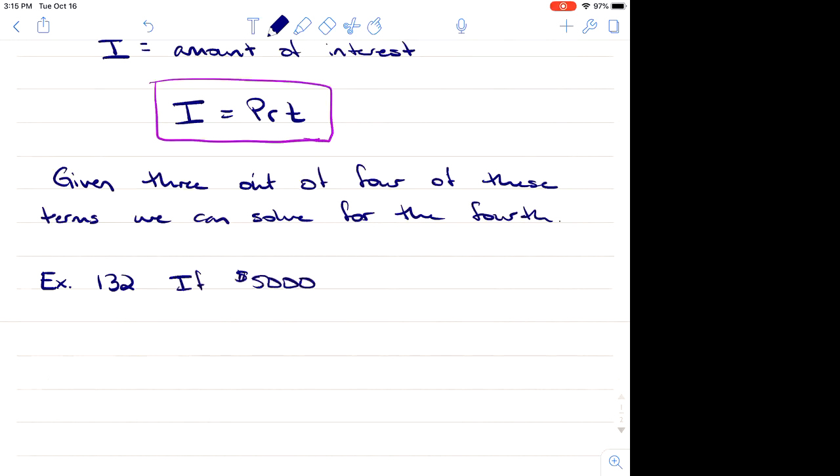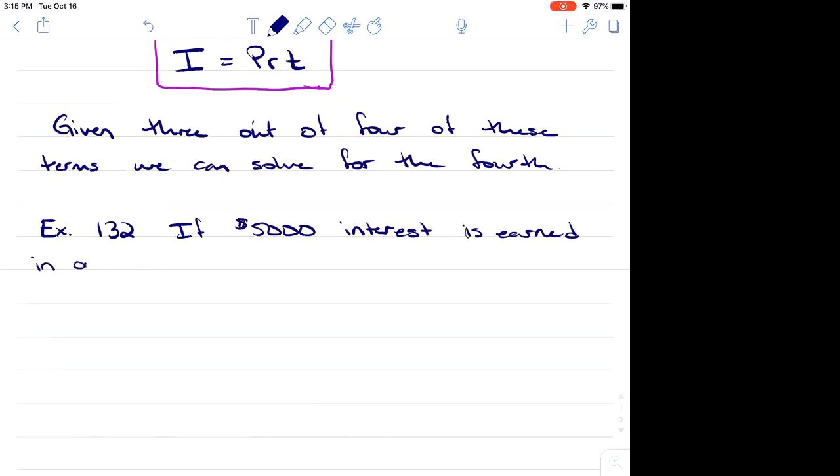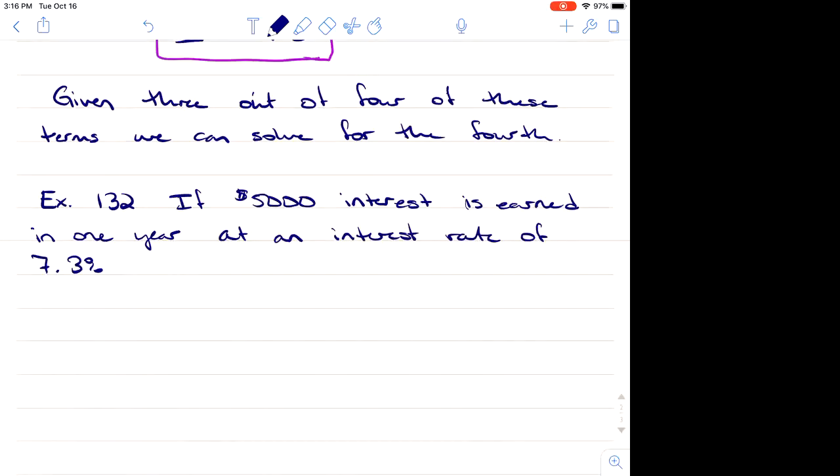Okay, so if $5,000 interest, hey, that sounds great, is earned in 1 year at an interest rate of 7.3%, what amount was initially invested?